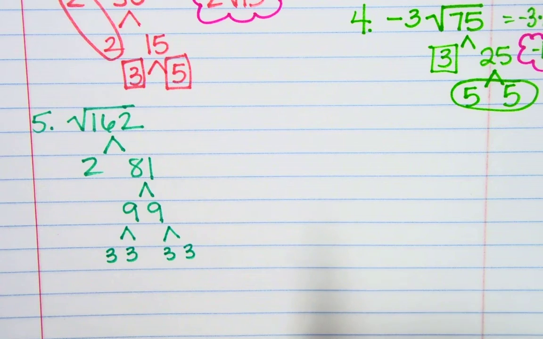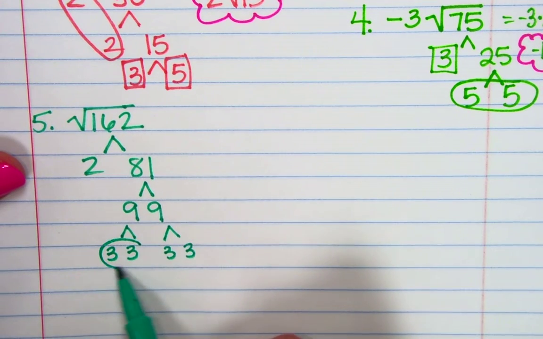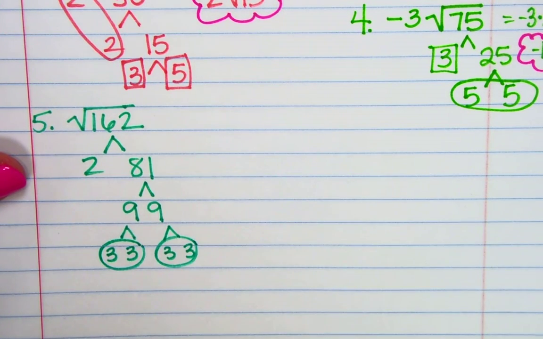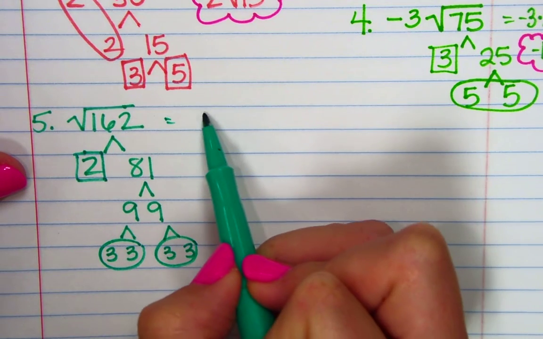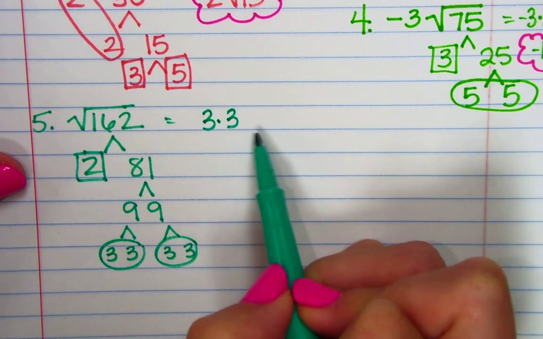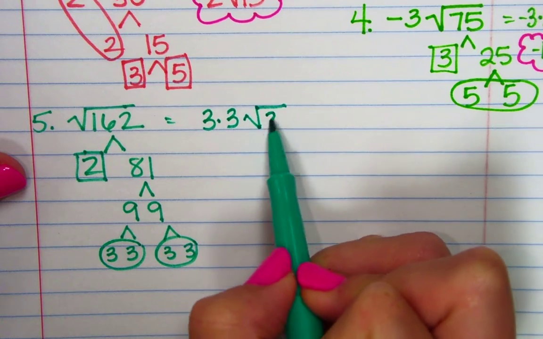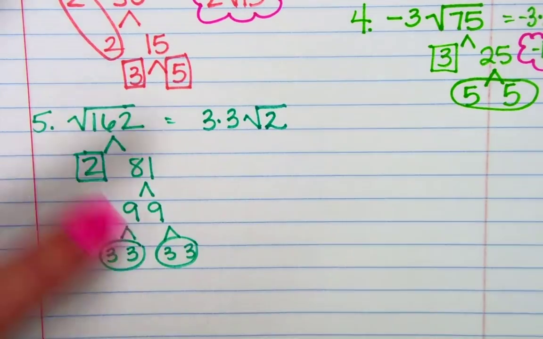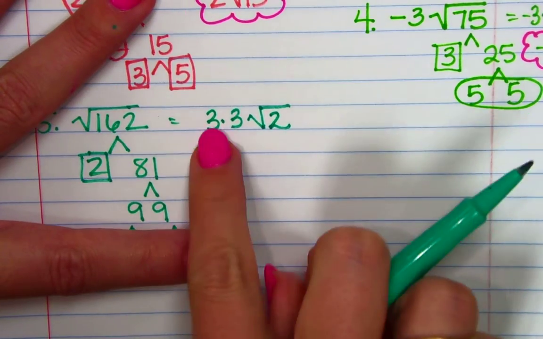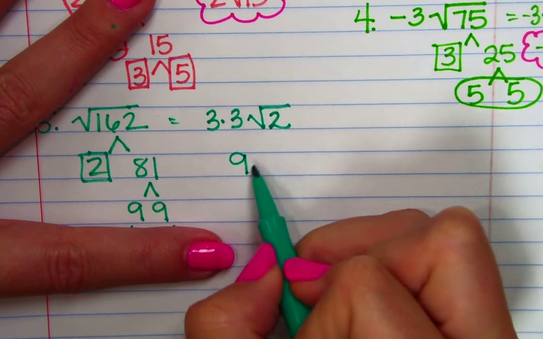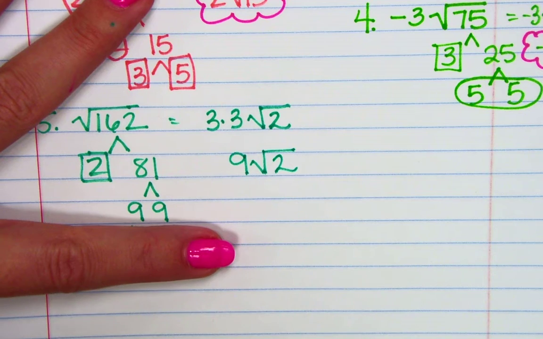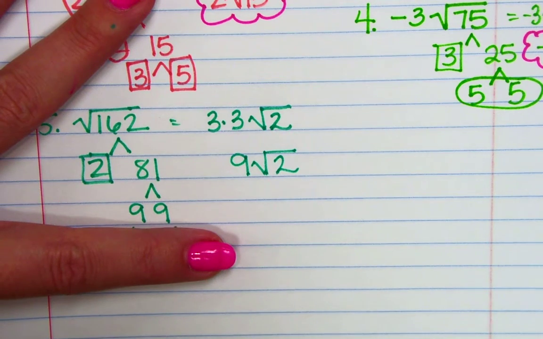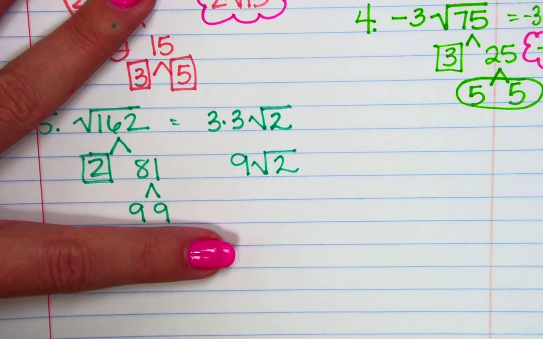Either way, you would have 2 pairs of 3s and a leftover 2. So that means I would have 2 3s outside, and the leftover goes inside the box, okay? If I had just stopped with this pair of 9s, well, what's 3 times 3? It's 9, okay? So I can put 9 radical 2 right there. Either way, my answer is 9 radical 2.